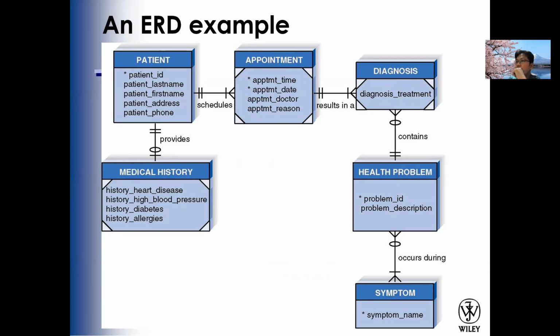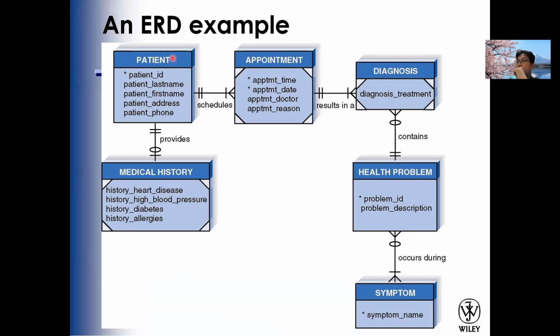There are a lot of standards, but usually only a rectangle, and then there is the patient, the name of the entity. This is the entity, and this is the attribute.